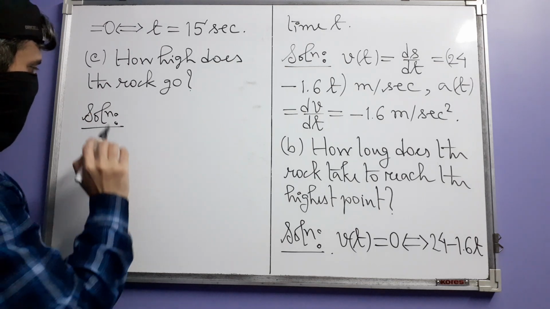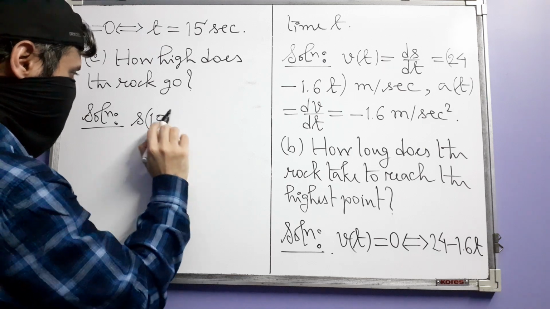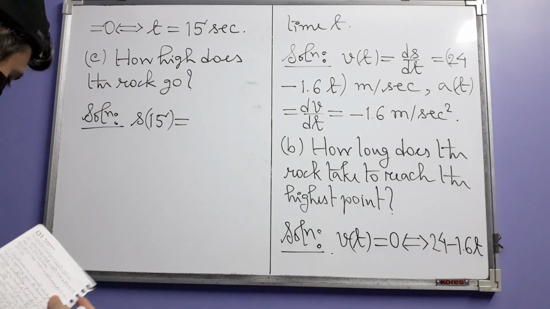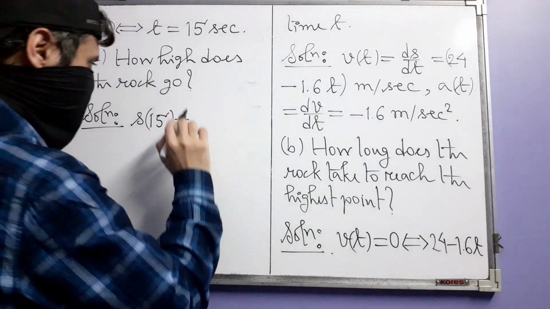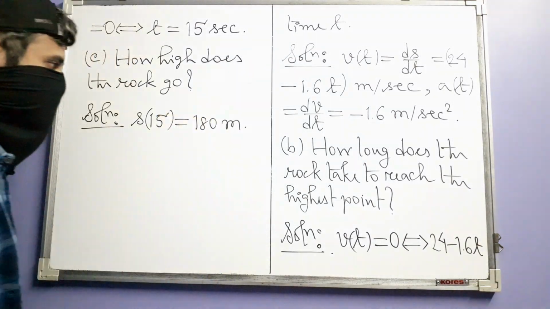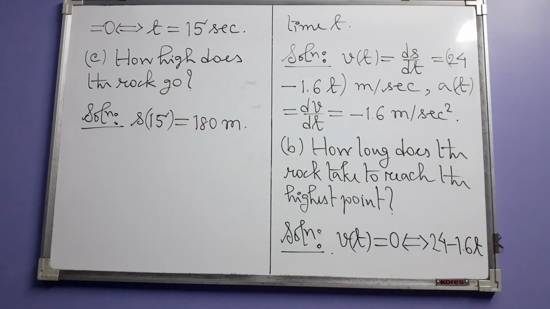So the maximum height the rock will reach is S15. And if you do the calculation, you will get the value 180 meter. Okay, you please do the calculation and verify that you really get 180 meter.